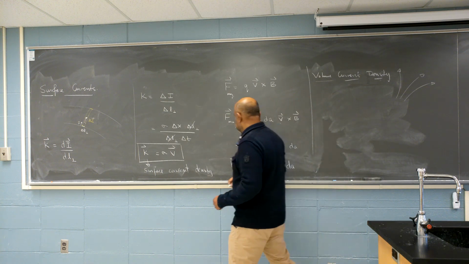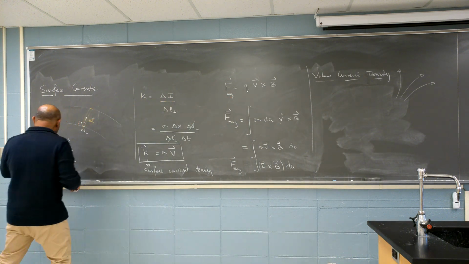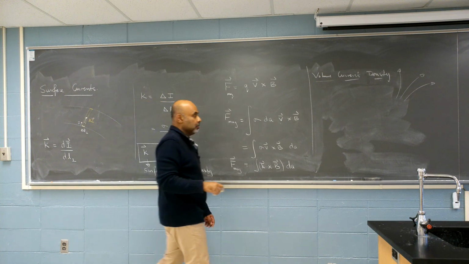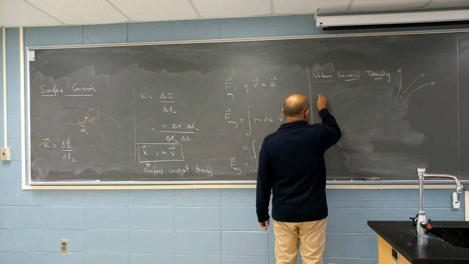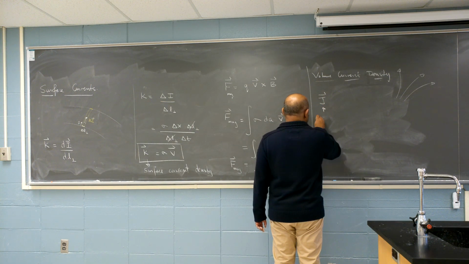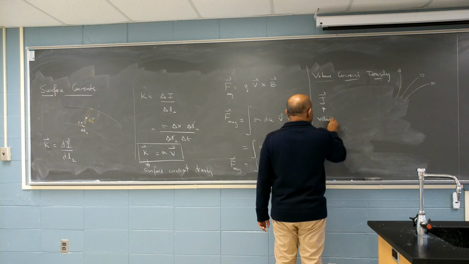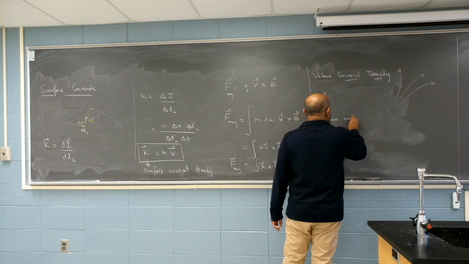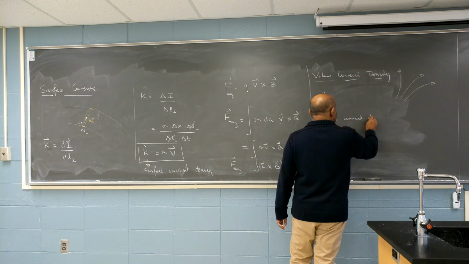In this case, instead of K, we're going to use J. Volume current density vector.